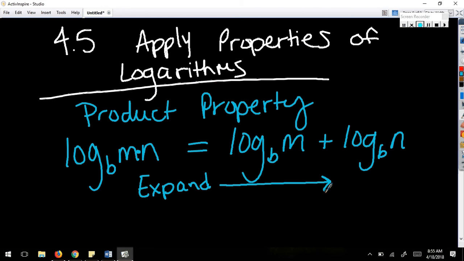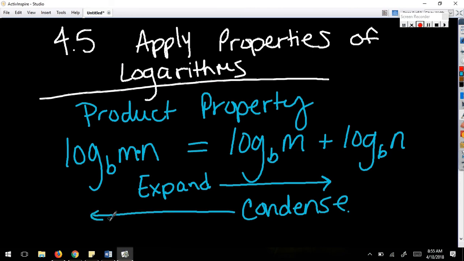But if we take the bigger one and we go from right to left, we call that condensing. Kind of a compact version. Think like Campbell's chicken noodle soup, you got to add water to it, right? Because it's condensed soup.